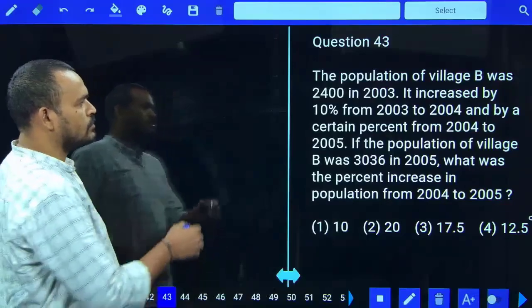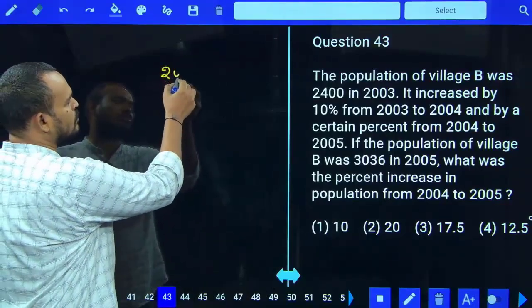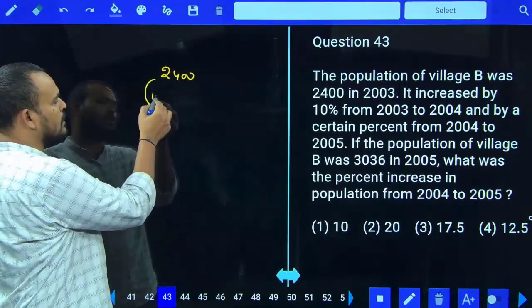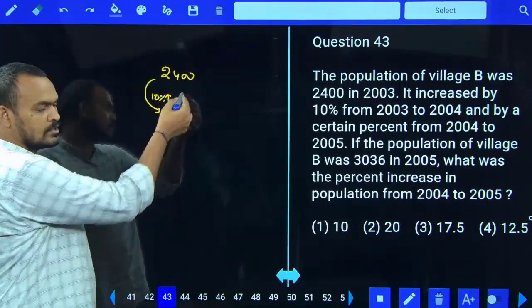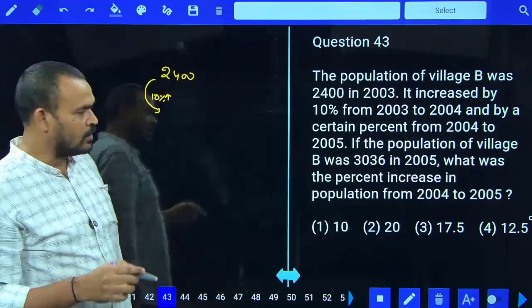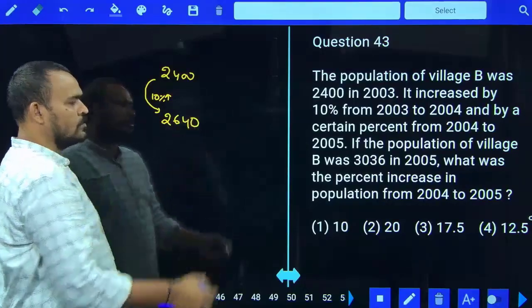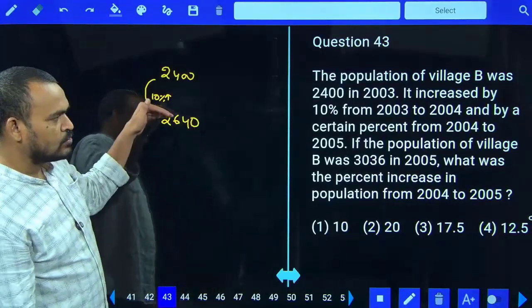First of all, the year 2003 population is given as how much? 2400. From 2003 to 2004, how much percent increased? 10%. What is 10% of 2400? 240. After adding 240, it will become 2640.